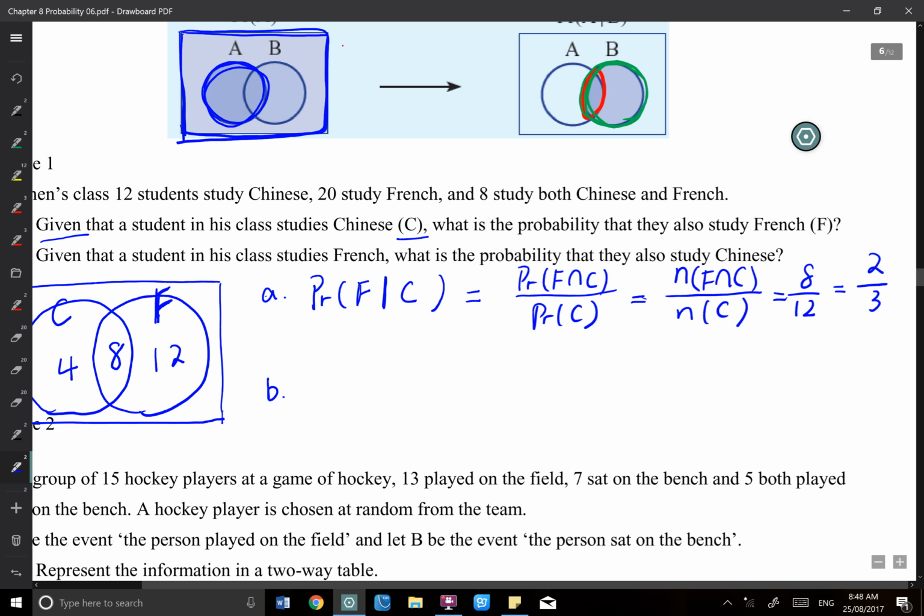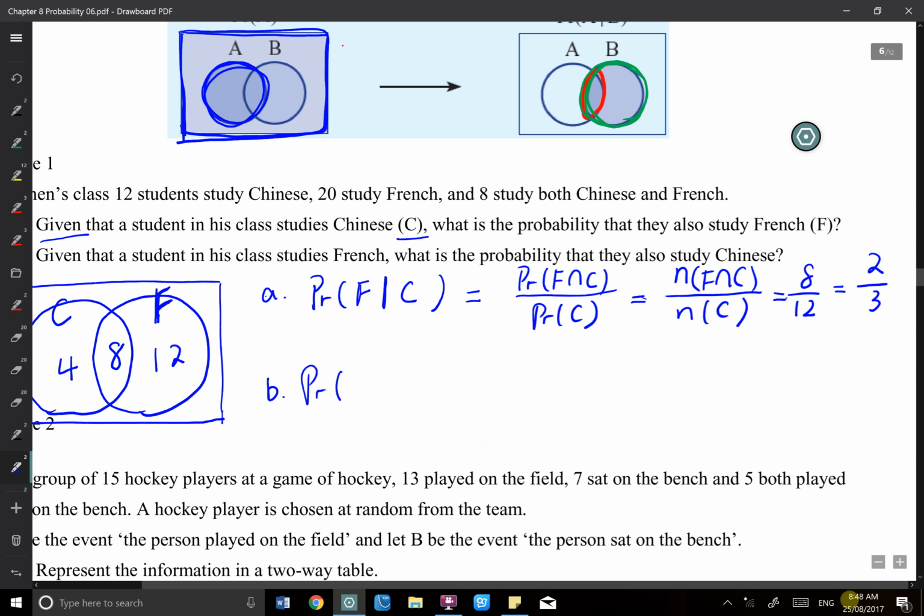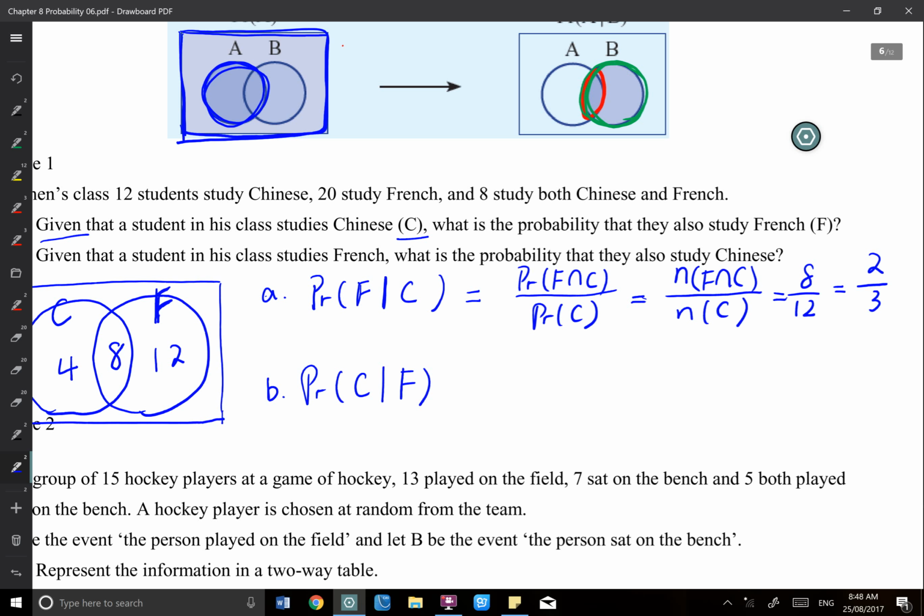Okay. B, like the reverse way, given that a student in his class studies French, what is the probability that they also study Chinese? Okay, the probability of Chinese given French this time. You know already study French, then 20 people eligible when we talk about this case. Okay, 20, only in the French circle.